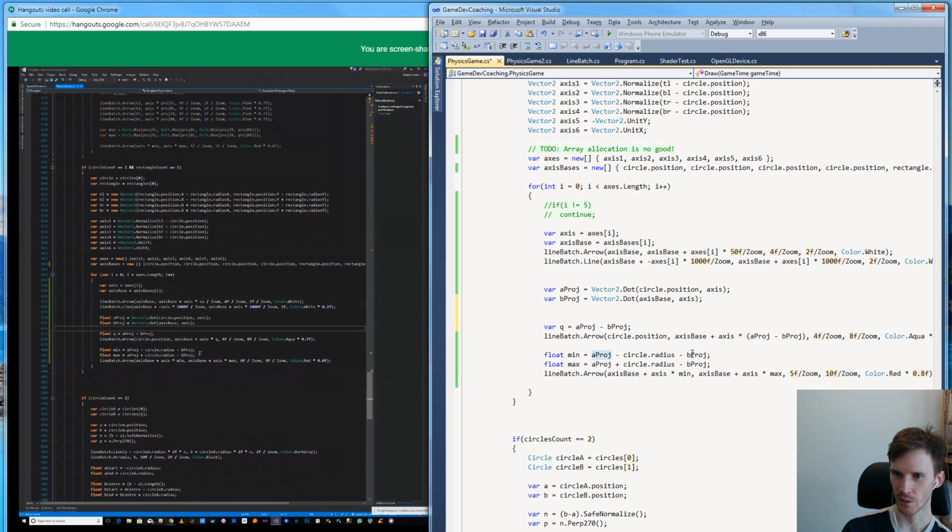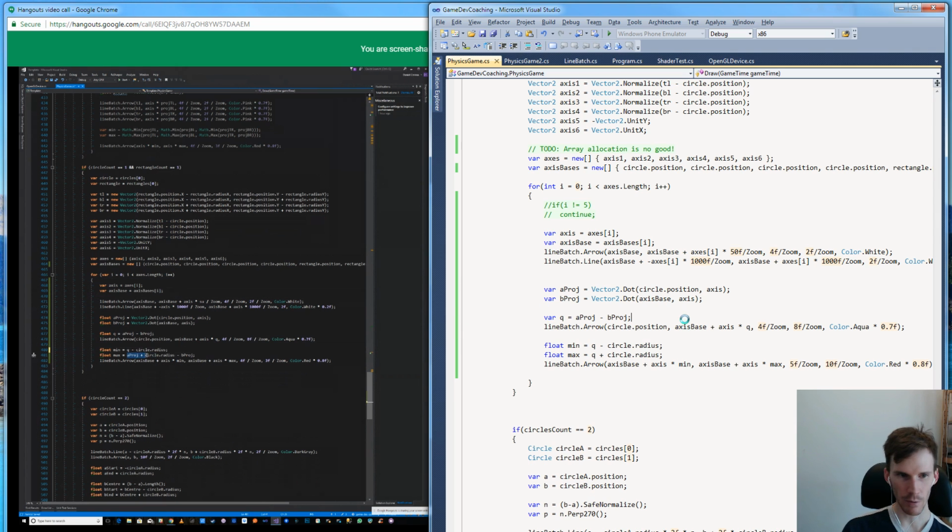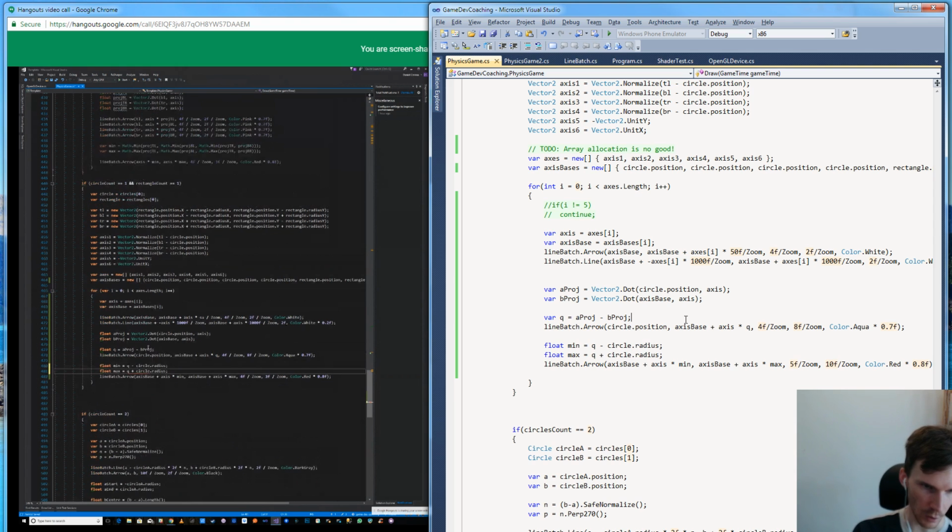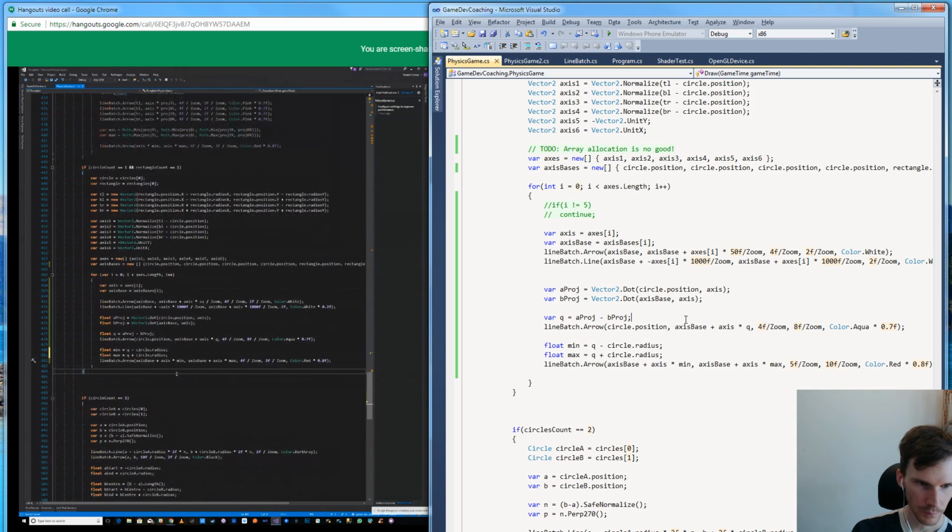We've got A project minus B project is Q. So we could just say Q minus circle radius, and Q plus circle radius. So now we've vastly simplified. You can see that this math is starting to look a lot neater. And now we want to keep Q because obviously it's used all over the place. Exactly.